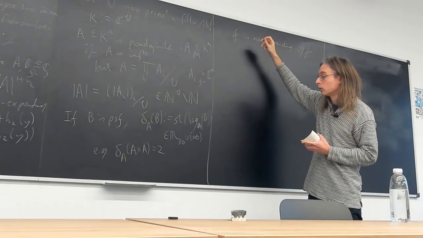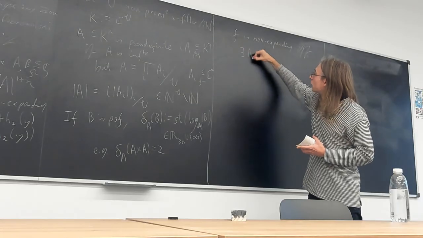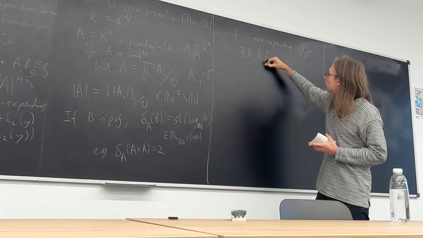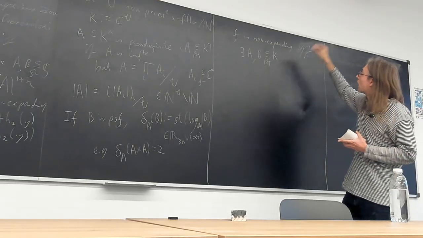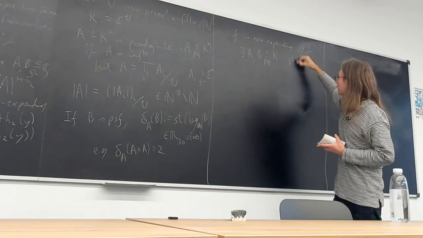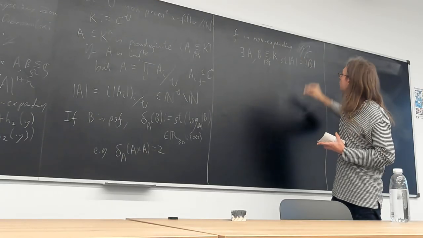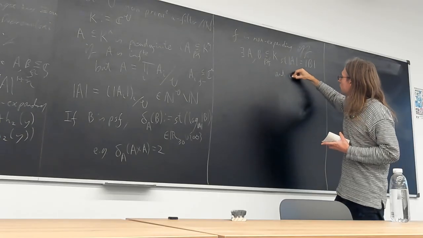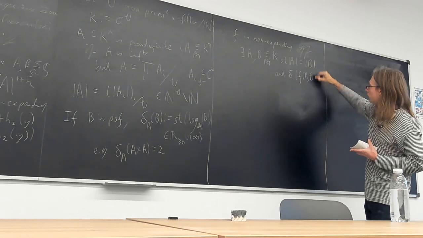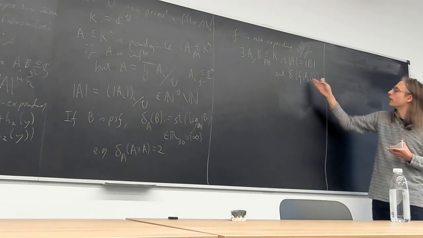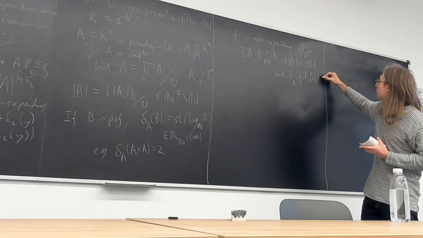F is non-expanding if and only if there are pseudo-finite A and B in the non-standard complex numbers K, such that they have the same cardinality, and delta of f of A comma B, which makes sense, just apply this rational function f on these sets, with respect to A, is 1.